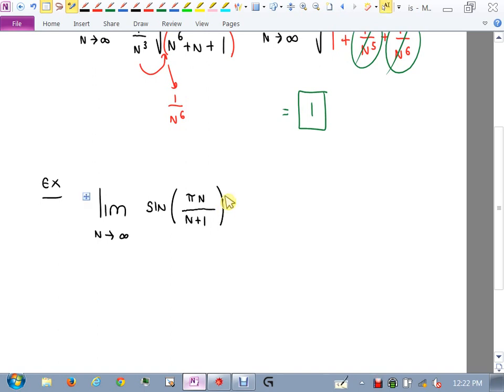So what's happening here? n goes to infinity, you get infinity over infinity, which is, I don't know, depends. So now I have to do something here.